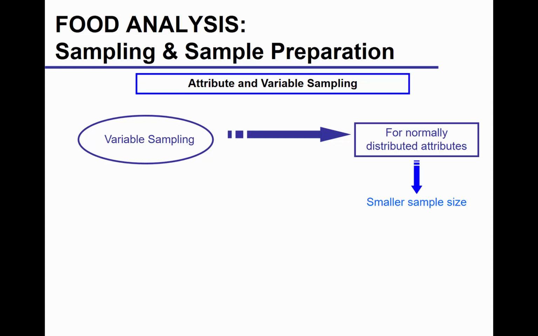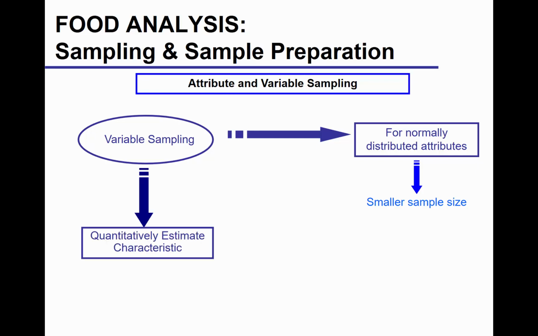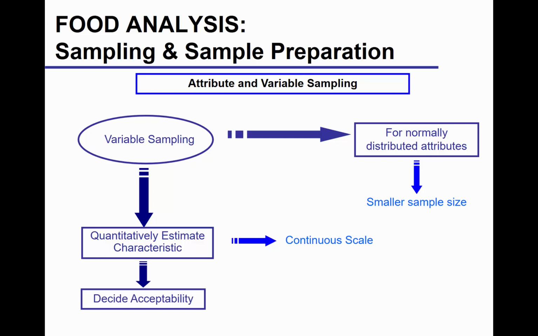So sample size is smaller when we have normally distributed attributes or components. And oftentimes it's quantitative, it's not qualitative, it's not just present or absent. So you are actually detecting composition or quantity on a continuous scale. And then you decide acceptability.